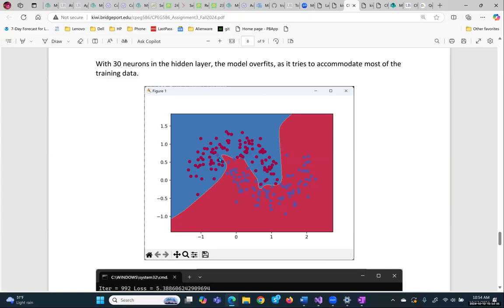I guarantee you 30 neurons will not produce the highest accuracy on the test data. Because in the test data, the blue that is appearing somewhere over here may be somewhere over there, and these may be red in the test data. So it will end up performing far worse than it appears. So this would be good from your learning point of view.